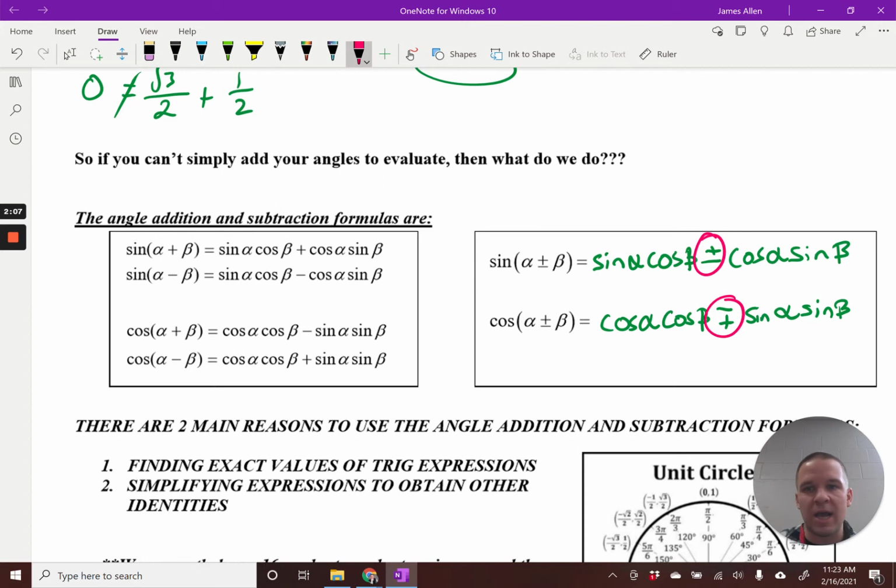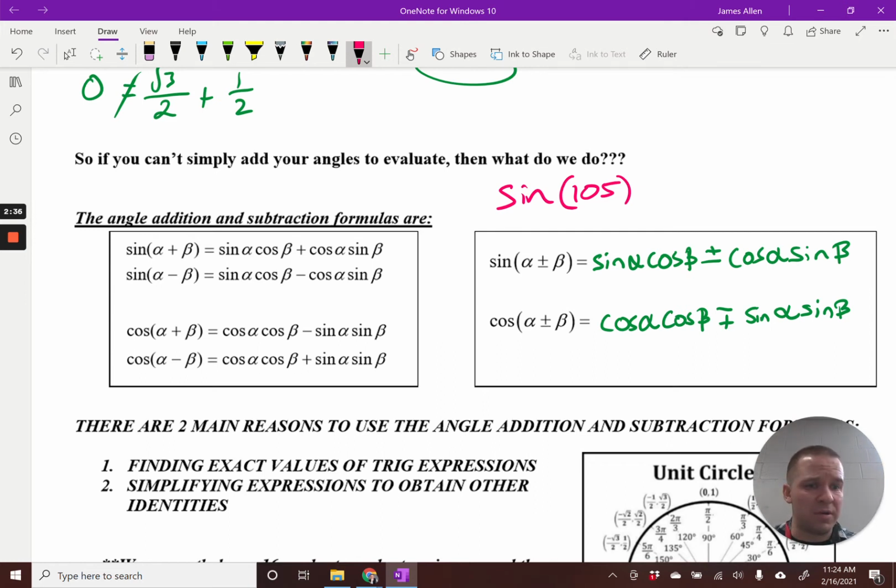So the alpha and beta are going to be your nice 30, 45, and 60 degree references, or even our quadrantals, that will make up the angle that we have. For example, if I had sine of 105, that's not a nice reference, right?